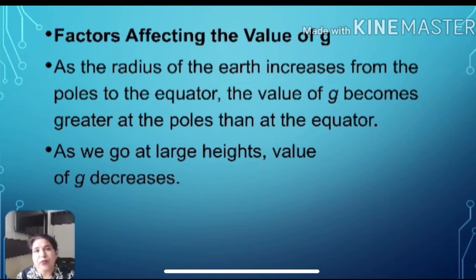As we move from pole to equator, the value of g decreases because the radius of Earth is increasing. Also, as we go to larger heights, the value of g decreases.